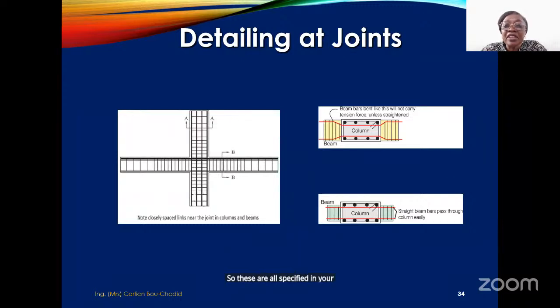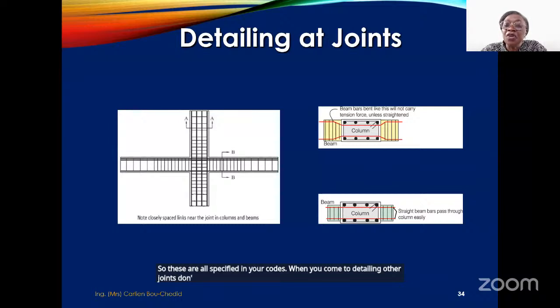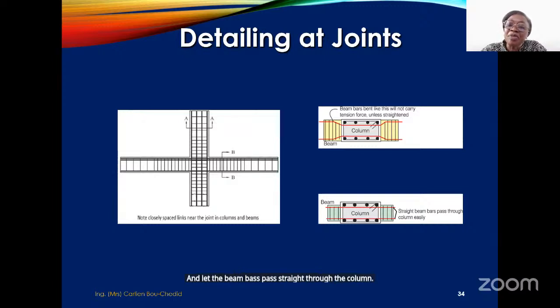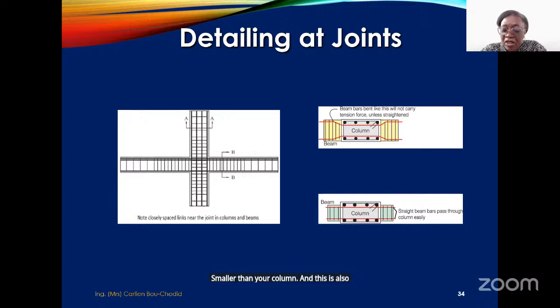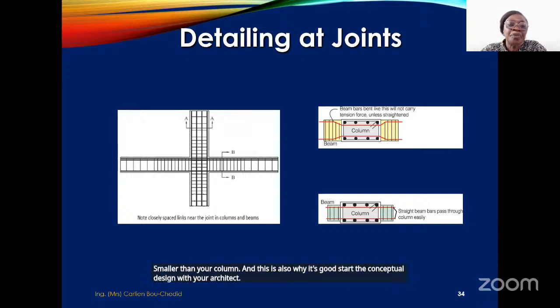When you come to detailing at the joints, don't bend bars through your column. Allow your column links to go through without interruption, and let the beam bars pass straight through the column. This, of course, means that your beam will have to be smaller than your column. And this is also why it's good to start the conceptual design with your architect.